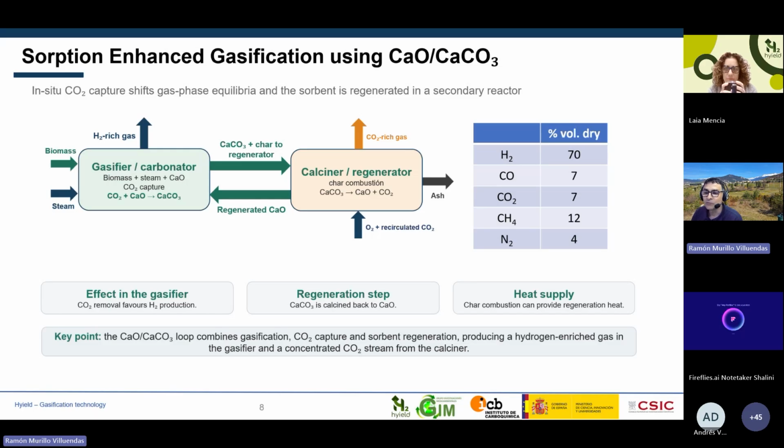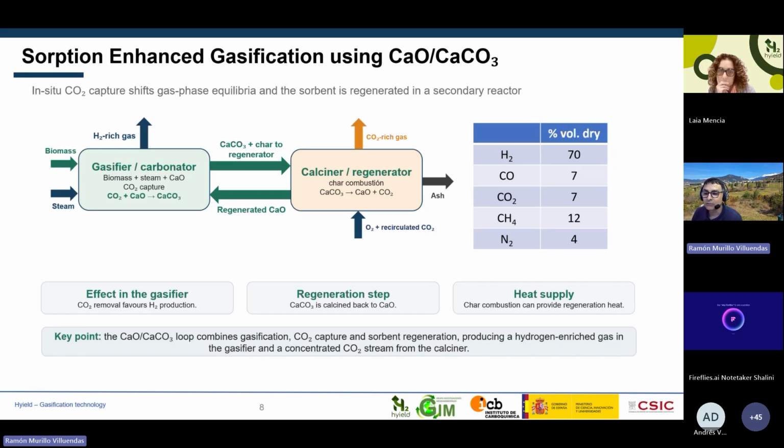By continuously removing CO2 from the gas phase, the chemical equilibria are shifted towards hydrogen production, especially through the water-gas shift reaction. As a result, the syngas becomes highly enriched in hydrogen. For example, typical dry gas composition can reach around 70% hydrogen, while CO and CO2 concentrations are significantly reduced.